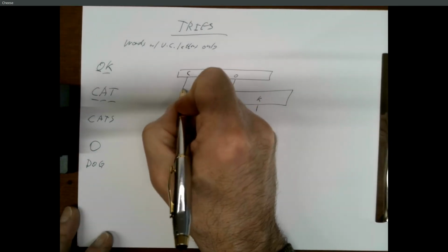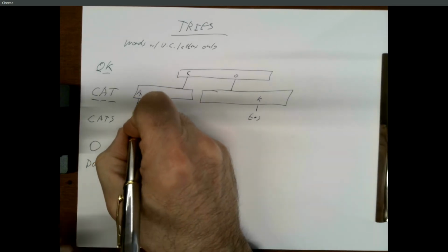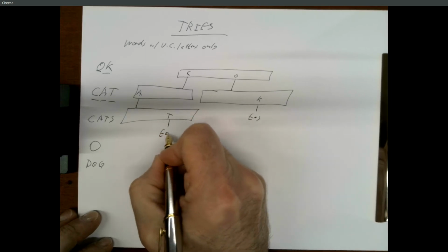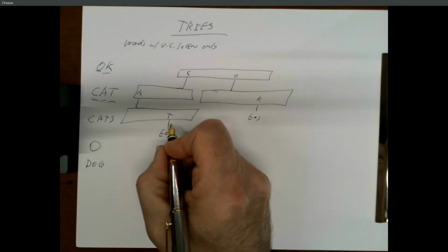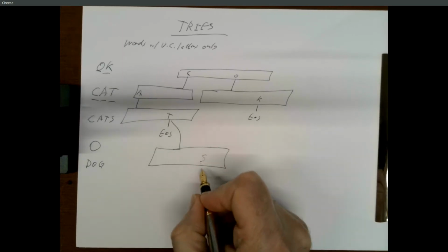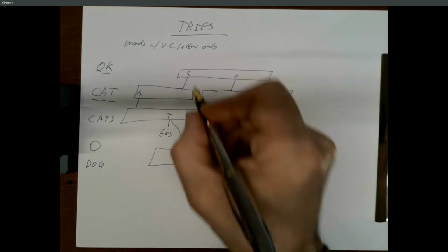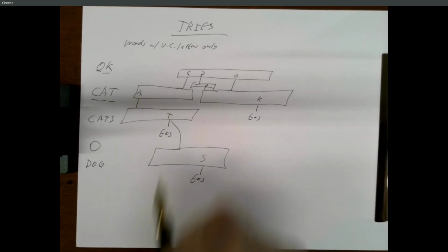Here's our C, which points to another node with an A, which points to another node with a T, which points to end of string, but also points to another node with an S. And here's a D, which points to an O, and so on.